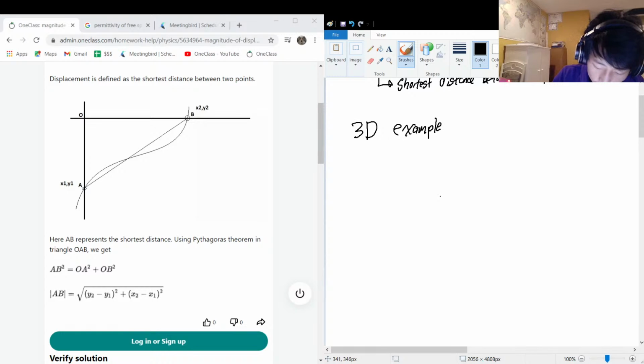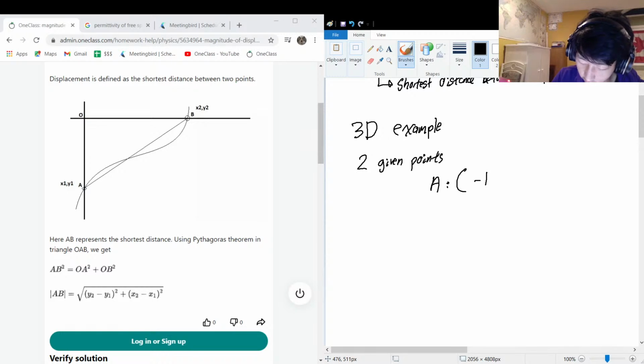Suppose we have 2 given points. Let's say we have point A, which is (-1, 0, 1), and point B, which is (5, 7, 2).